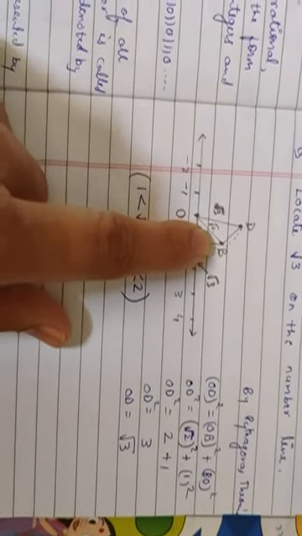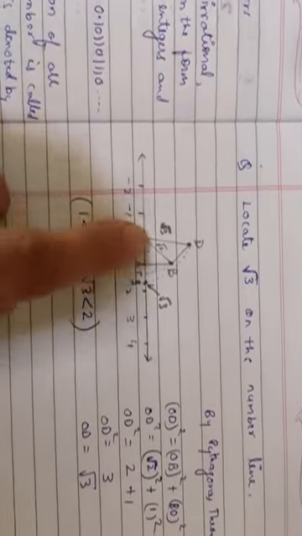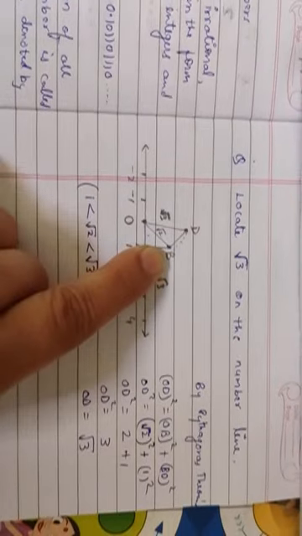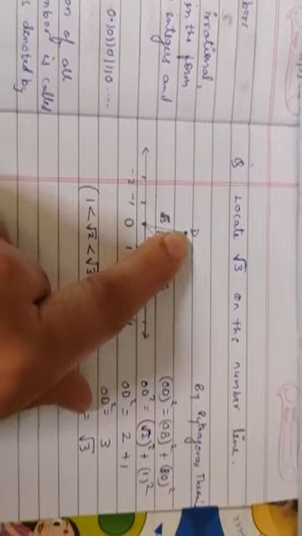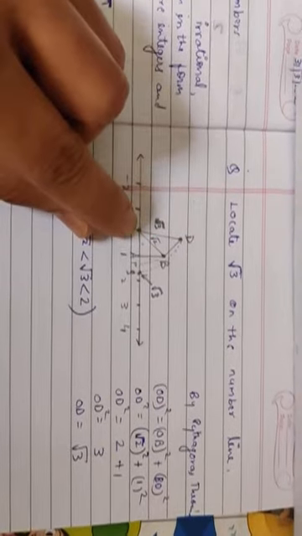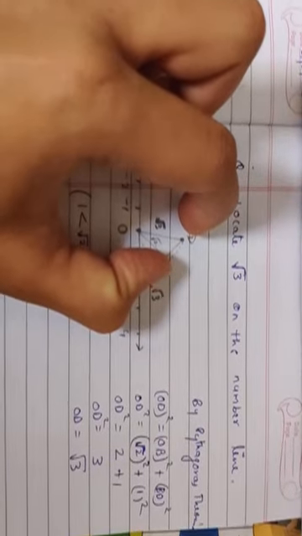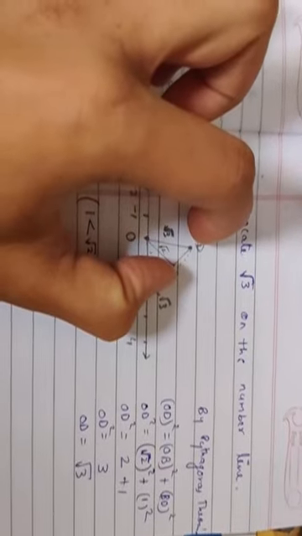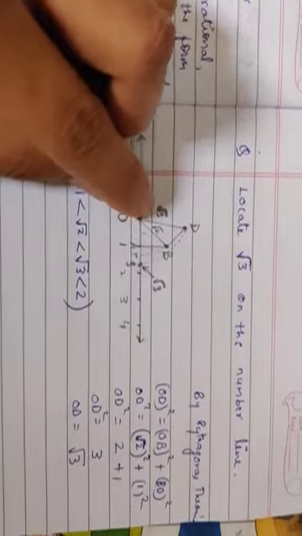Then keep the protractor on line OB and draw a perpendicular line from point B to D. So BD would be perpendicular to OB. Now we take BD as 1 unit, like AB we have taken 1. Now we join OD. This would be the root 3 distance.